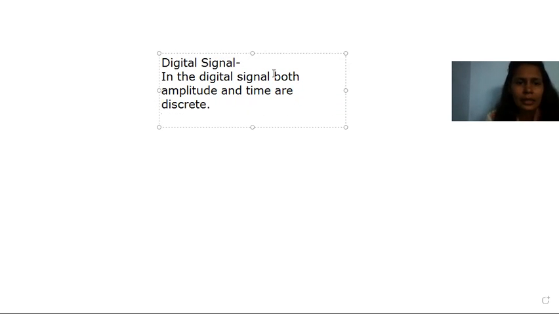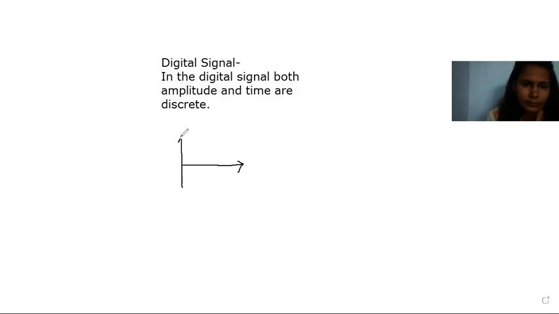It means it will take finite values on the x-axis and it will take finite values on the y-axis. On the x-axis, we are taking time, and on the y-axis, we are taking amplitude. Amplitude means the magnitude of the signal.